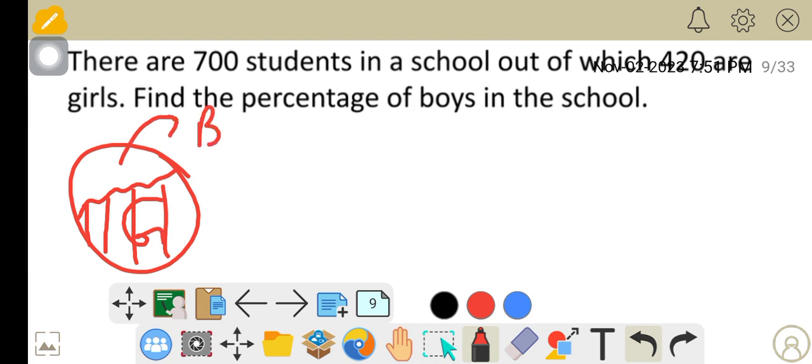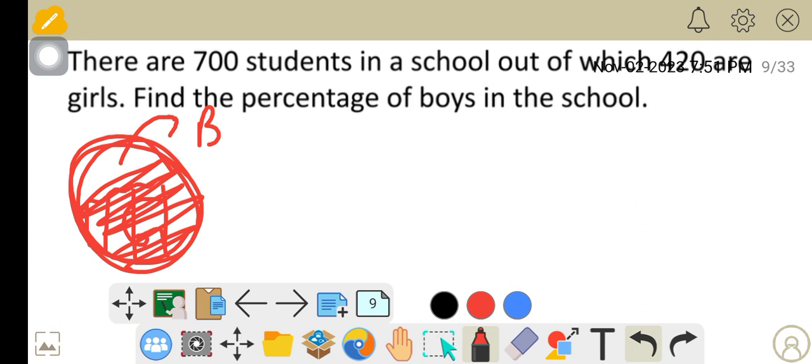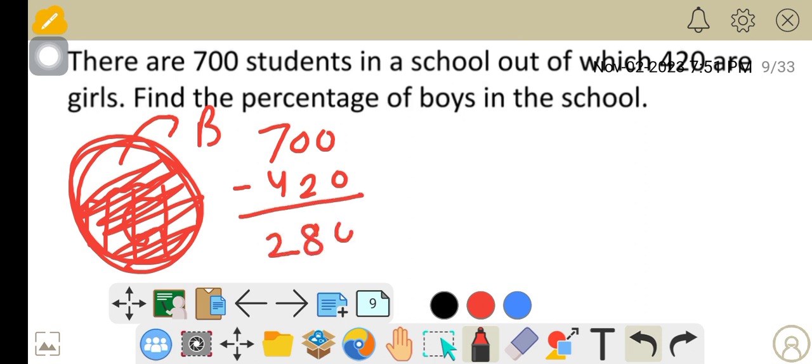If we have a total of 700 students, of which 420 are girls, then the remaining students are 700 minus 420, that is 280 students. So these 280 students are boys.